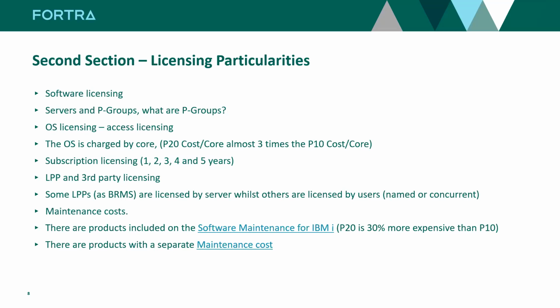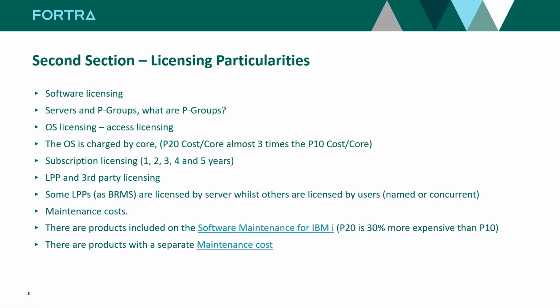You also have, and this is new, it started with the smallest of the S914s but is now expanded to the rest of the servers, subscription licenses. So you can buy a 1, 2, 3, 4, or 5 year subscription. You need to understand at which point it makes more sense to just purchase the licenses.